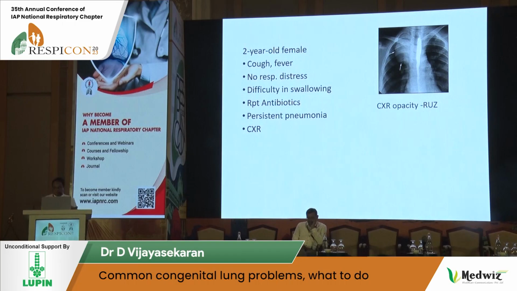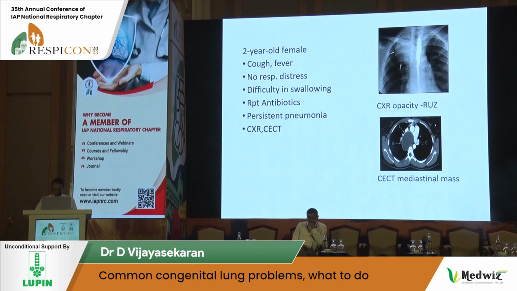Any mass? If a mass is happening in the paratracheal region, that too on the right side, what do you think of? It's not a persistent pneumonia, but this knowledge is very important. And anything happening in the paratracheal region, okay, think of, you have to go for SECT, and it is a bronchogenic cyst. Bronchogenic cyst, actually, if you look at the timing of the cyst, it started very early.